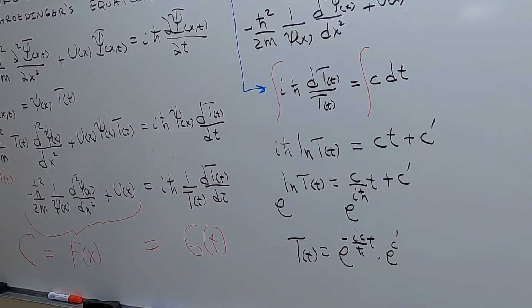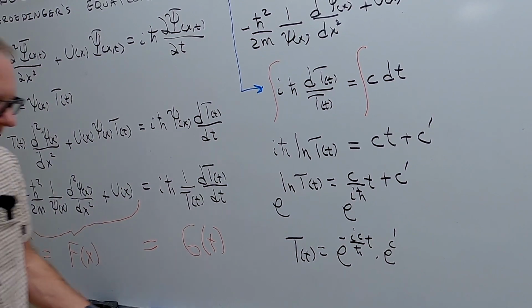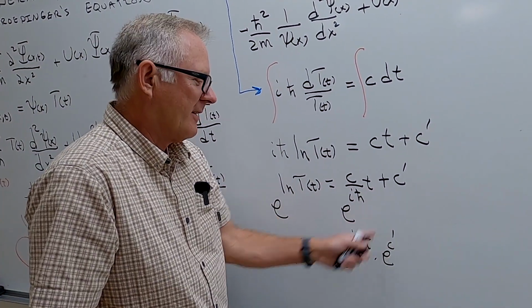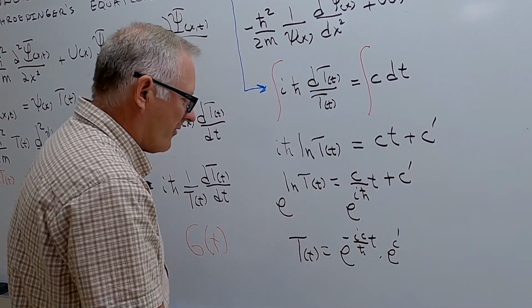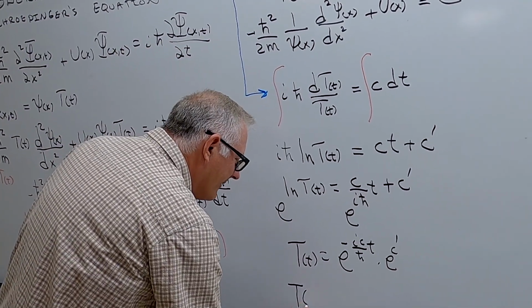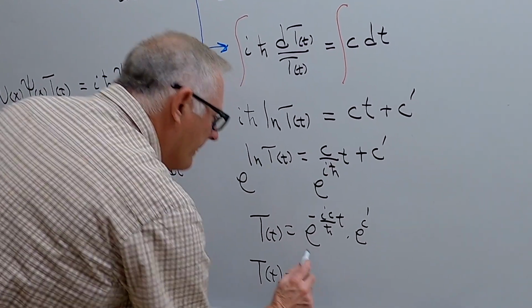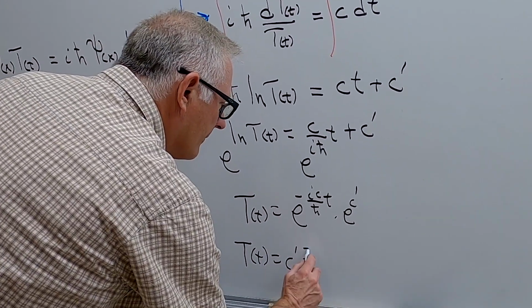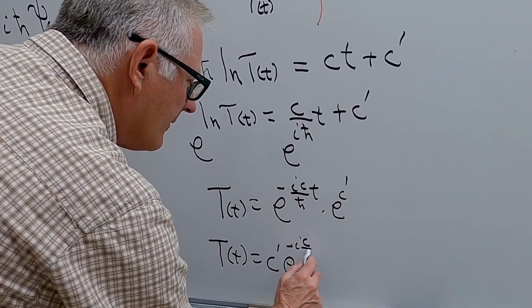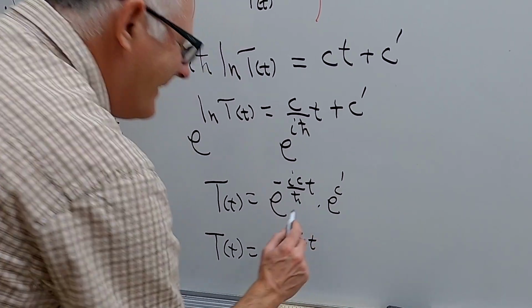Well, e to the c prime is just another constant. So I can just turn that into another constant, and I can bring it out in front. So we can say T of t is just some constant c prime, e to the minus i c over h bar t.